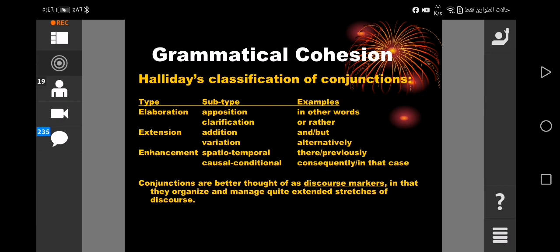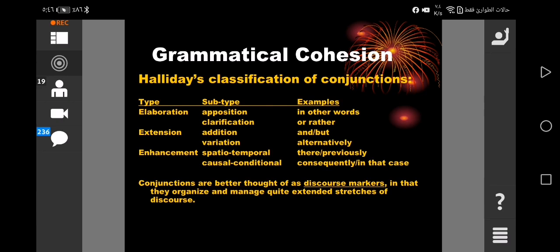Elaboration has the subtypes apposition, clarification, and these are the subtypes with examples just beside them. Then you have extension. The subtypes are addition and variation. Enhancement. The subtypes are spatiotemporal and causal conditional.